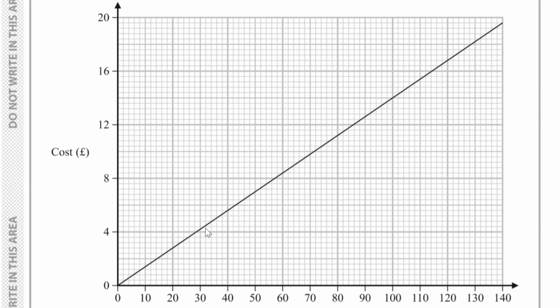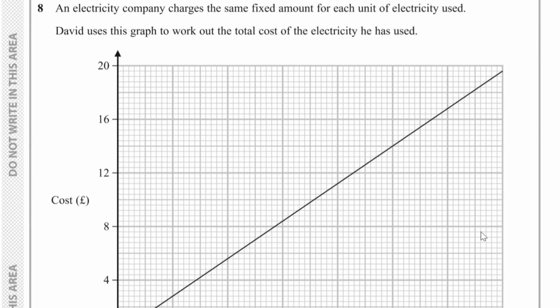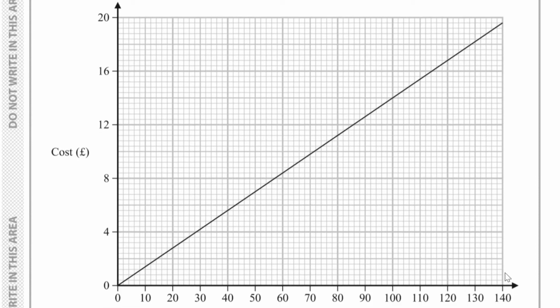So here, for the gradient, the change in y, well, here is the change in y. We need to find out what this point here is. This point is 140, which is 19.6.